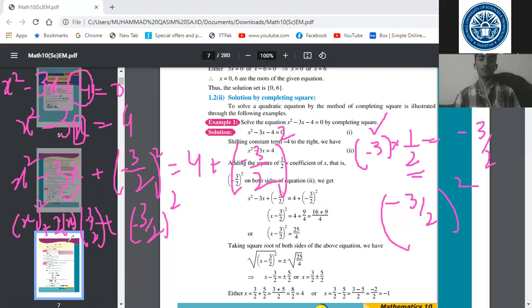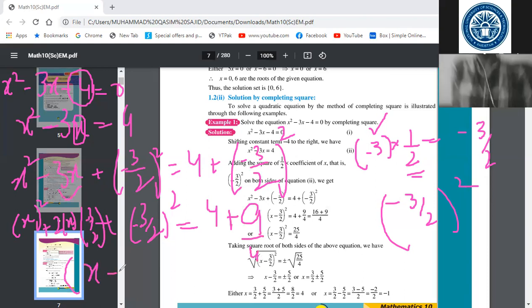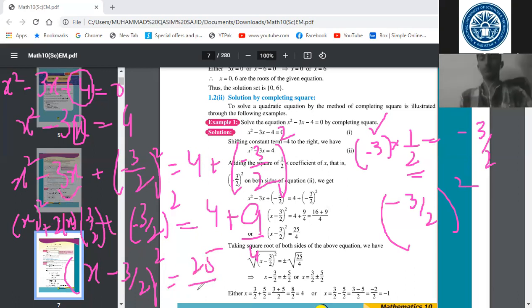So this is basically the a square minus b square formula, and this will simplify it. 4 plus 3 square, that is 9 upon 4, and this is a minus b whole square. After taking the LCM, this value equals to 25 upon 4. So x minus 3 upon 2 whole square equals to 25 upon 4.